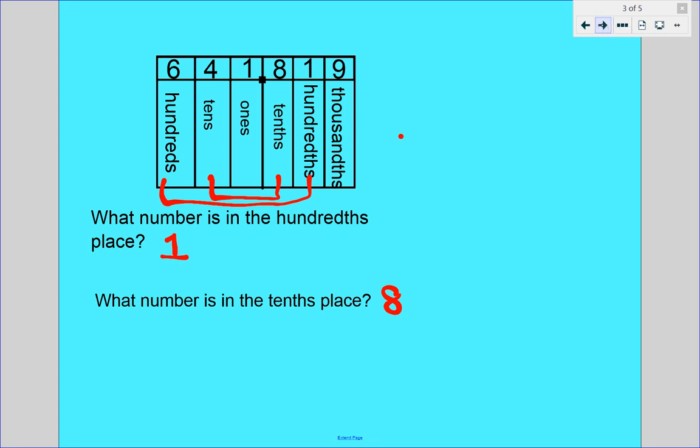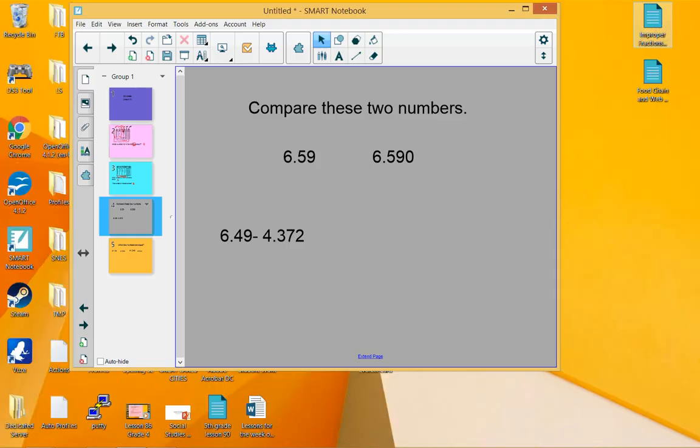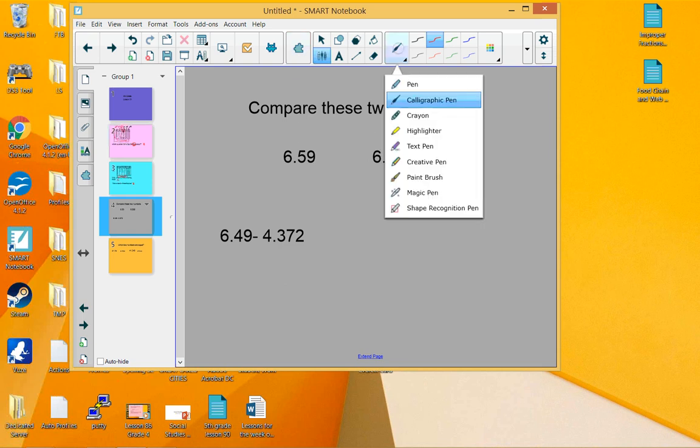Now, when you are comparing numbers, just like anything, we start with what's before the decimal point. So what I want to look at is what's before our decimal point.